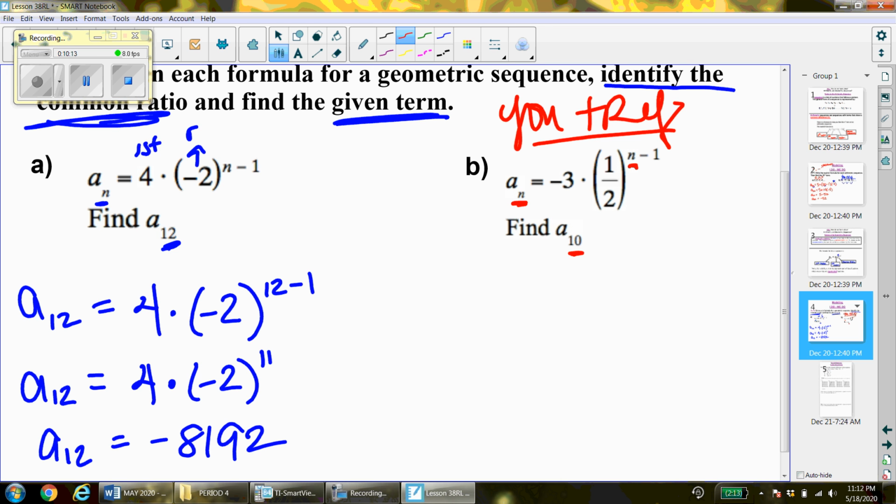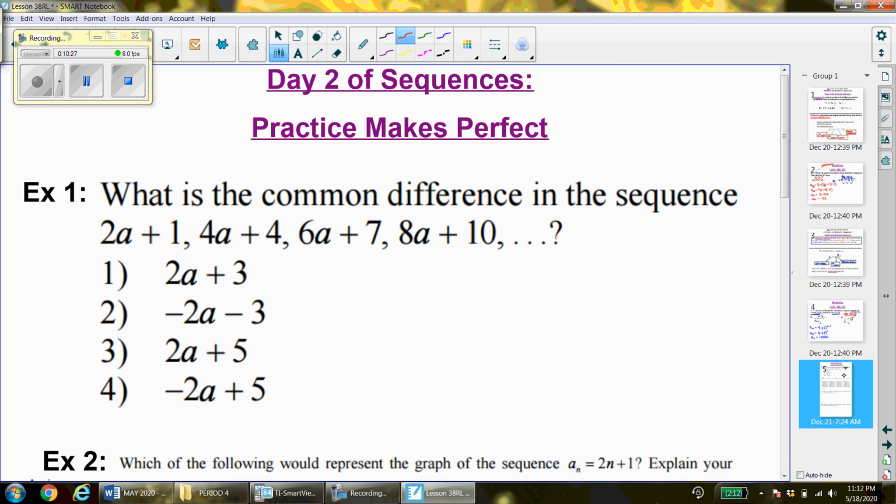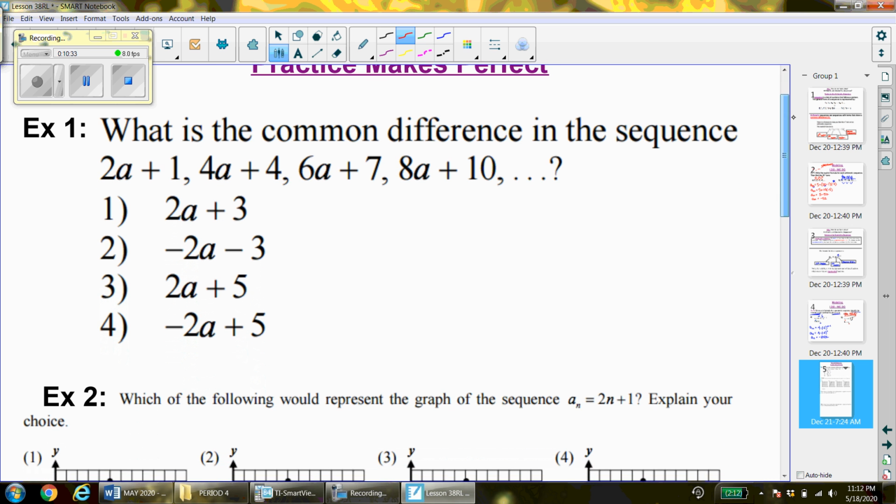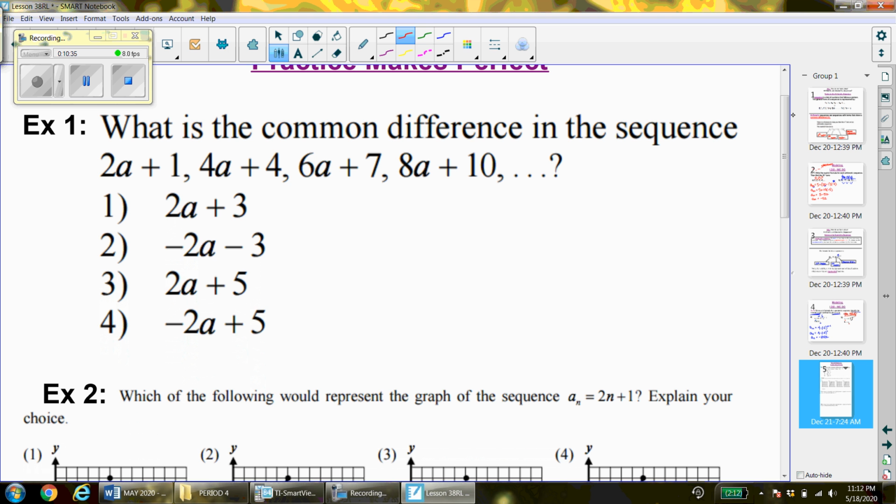Now, this is part 1 of lesson 38, me teaching you how to do these sequences. Part 2, day 2, which will be Thursday, is just you practicing. Day 2, practice makes perfect. I gave you example 1, which is here. It's a multiple choice question.